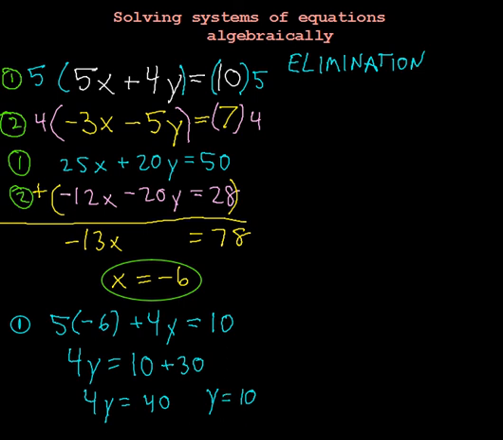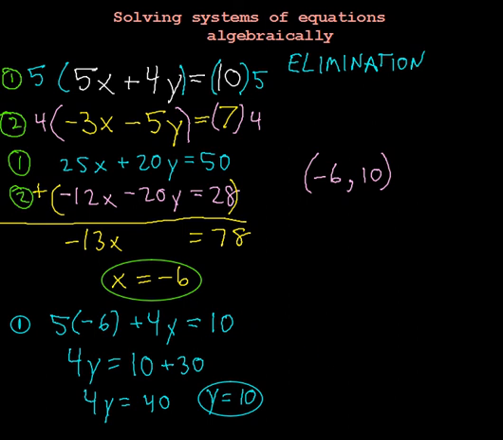Yay! That is a cool result. I'm very happy with that. So in doing that, I now have my x value and my y value, and now I can put that together and box my answer. My answer is negative 6, comma 10, and I'll put that in parentheses.